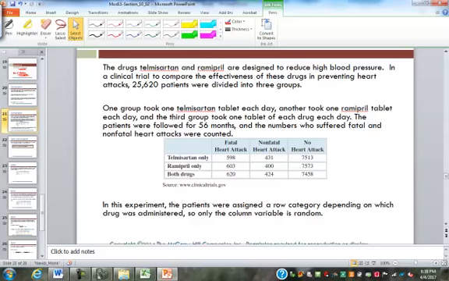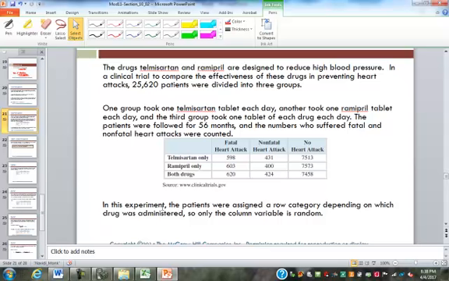So here, we're looking at different drugs, telmisartan, ramipril, and then a combination of the 2 drugs together, designed to reduce high blood pressure. So we're doing clinical trials. So we've got patients that have been assigned one drug or the other or a combination of the 2. Then they test: did they have a fatal heart attack, a non-fatal heart attack, or no heart attack at all?